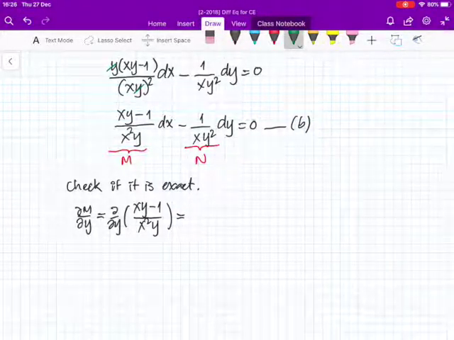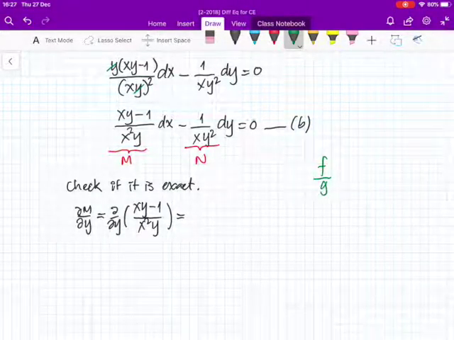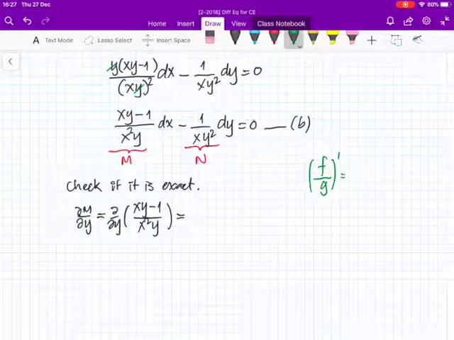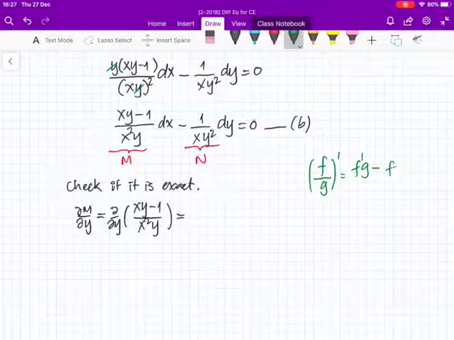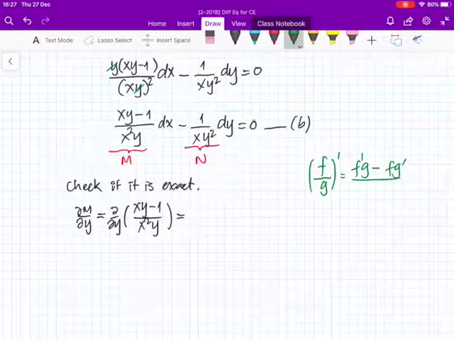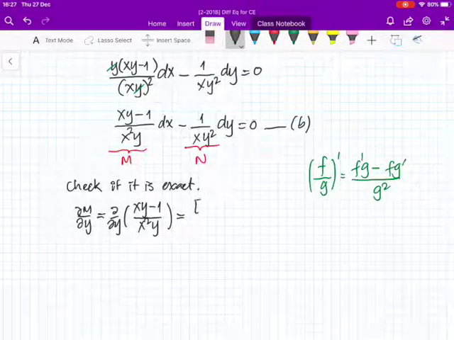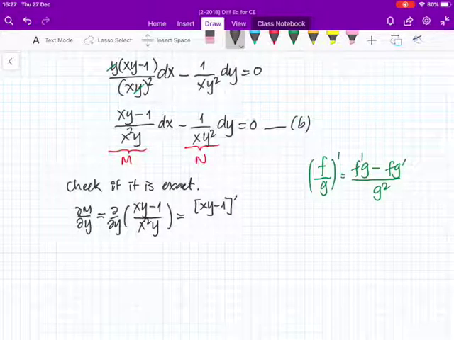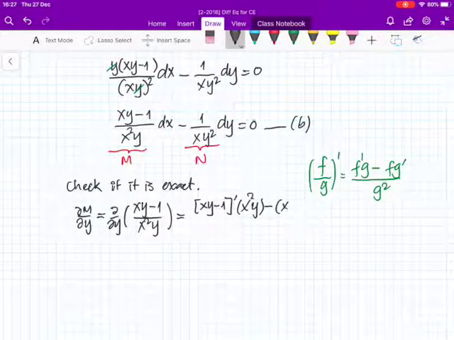You can observe that this is f over g. The derivative is equal to f prime g minus f g prime over g squared. So we use this method, right? So we can get xy minus 1 prime, xy squared minus xy minus 1, okay?